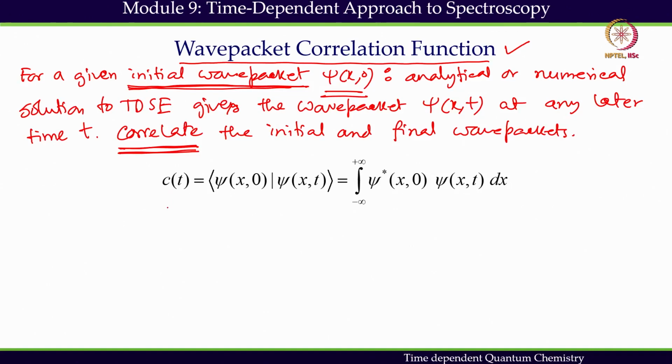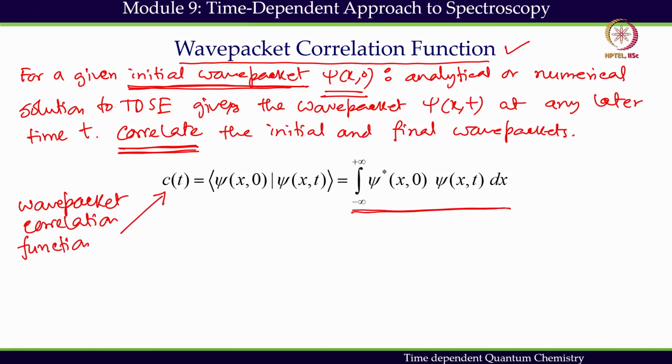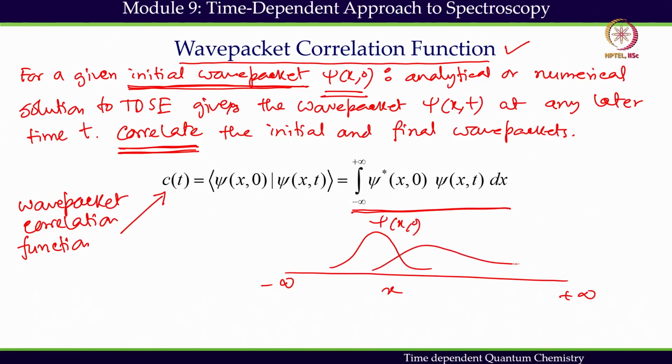This is called wave packet correlation function, that is the integration over the entire space, from minus infinity to plus infinity in x space. We have the initial wave packet psi x0, and the final wave packet, psi xt.